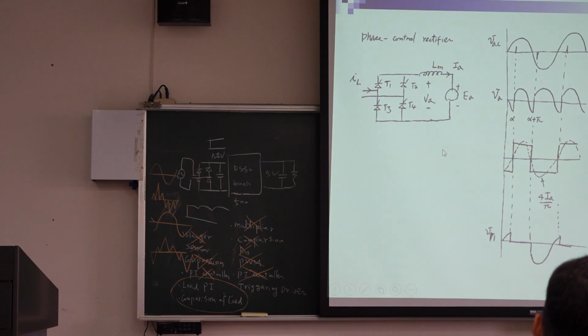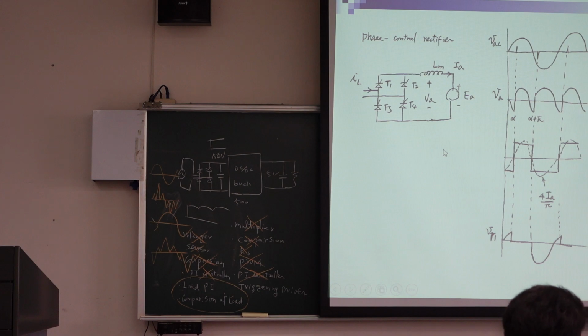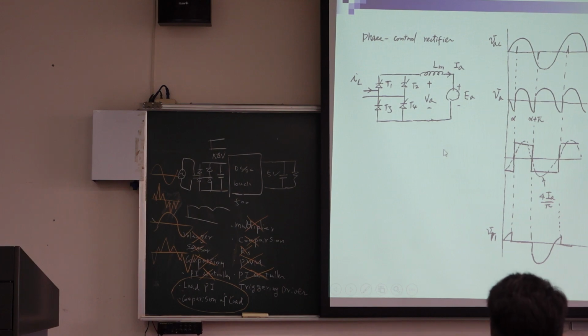So now we remove the diode. We use the SCR because this is thyristor SCR. If we use SCR, we can control the delay angle. So now we have input voltage here, but we trigger here. So we delay 30 degrees.